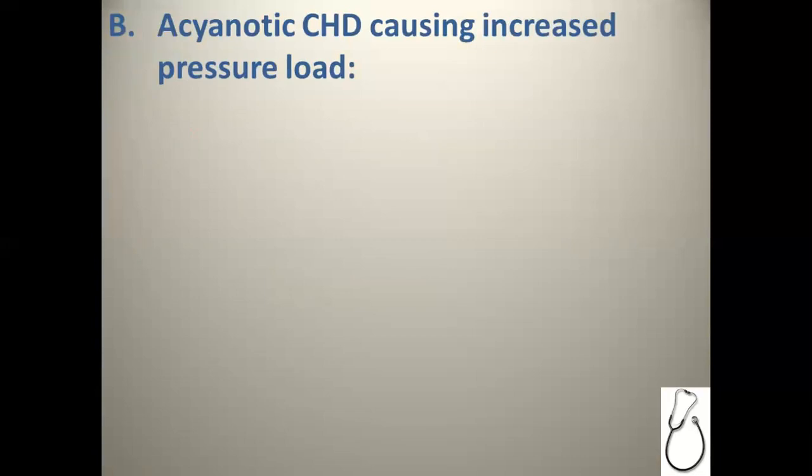The second group of acyanotic congenital heart disease includes those which cause an increase in the pressure load. The first group, we said, causes an increase in the volume load. The second group causes acyanotic congenital heart disease with increased pressure load.